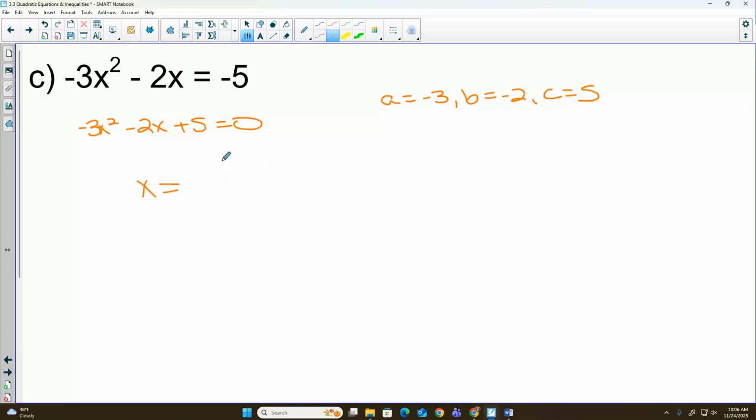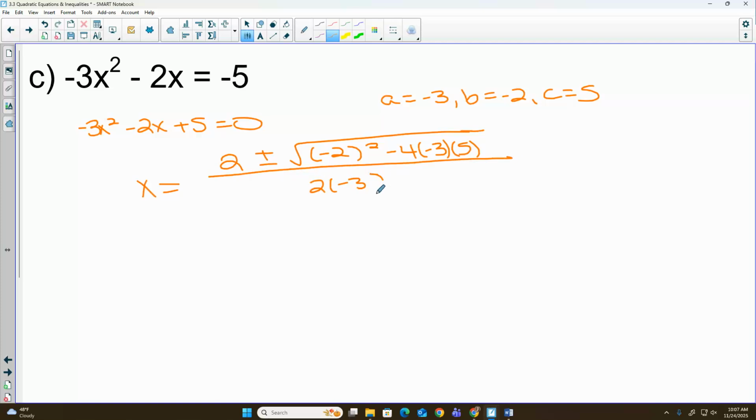So the opposite of b would be +2, plus and minus the square root of b squared. Notice I put that -2 in parentheses because when you square a negative it becomes positive. Minus 4 times a times c, all over 2a.